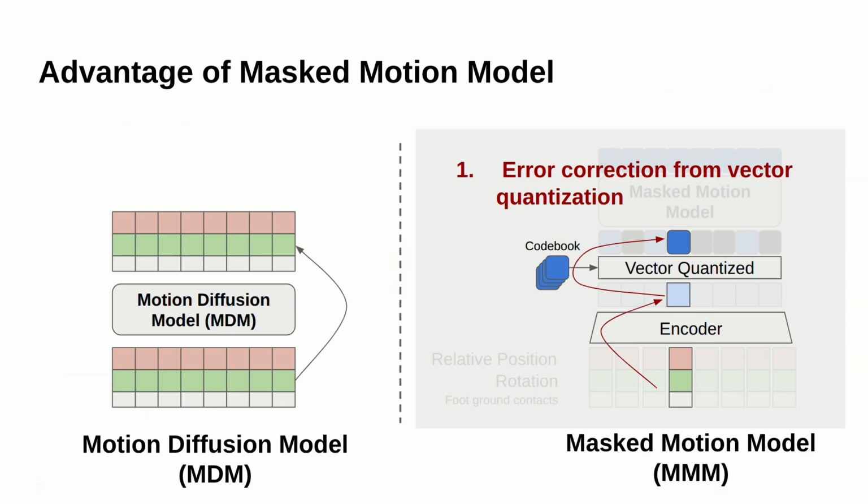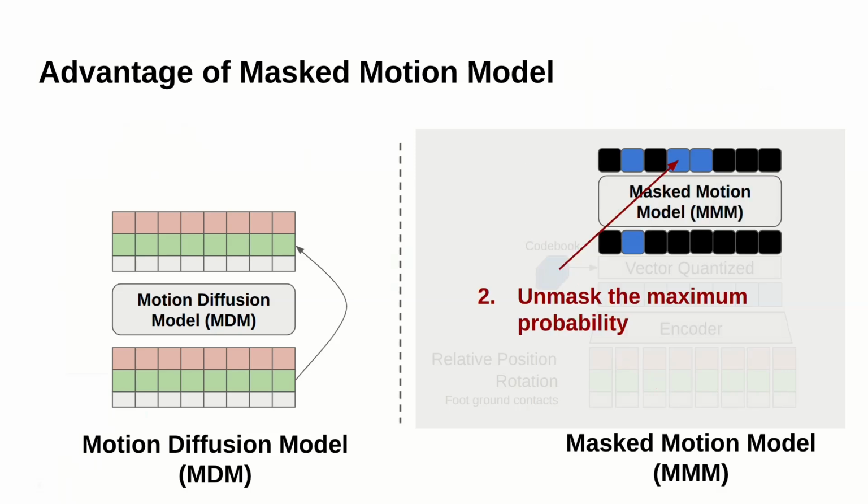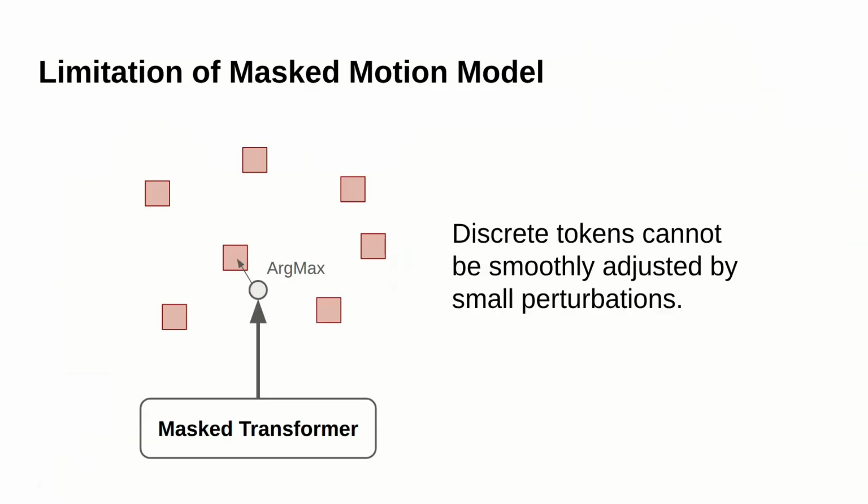This has several advantages. First, the error correction from vector quantization. Next, the unmasking process selects the highest probability token and leaves the low probability token for the next prediction. However, these are also the limitations of the masked motion model. Discrete tokens cannot be smoothly adjusted by small perturbations.